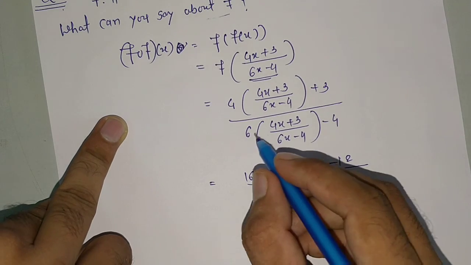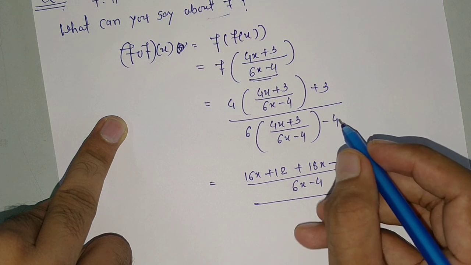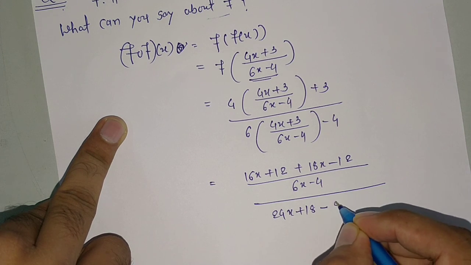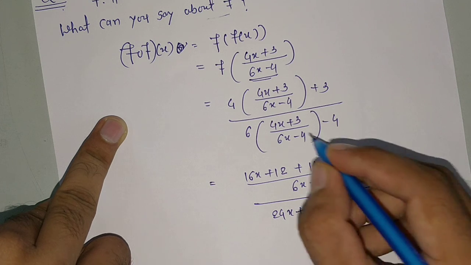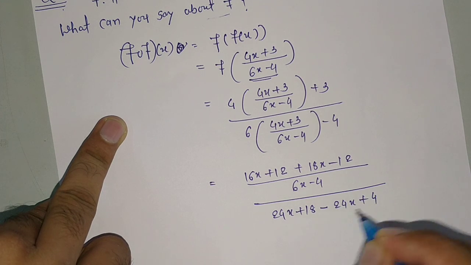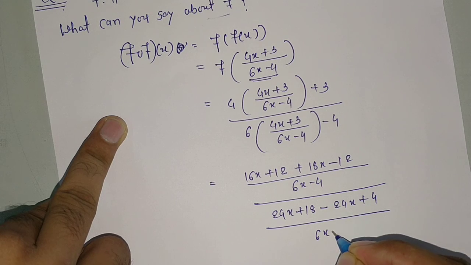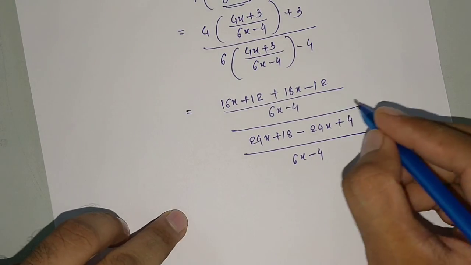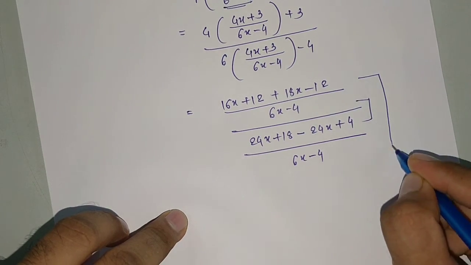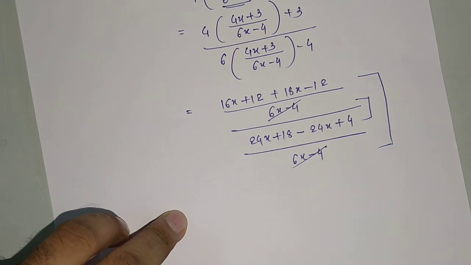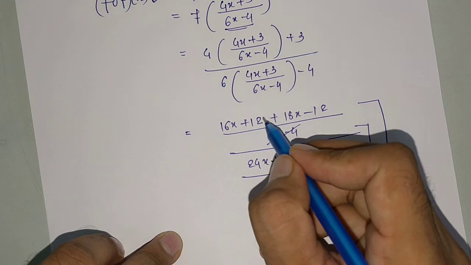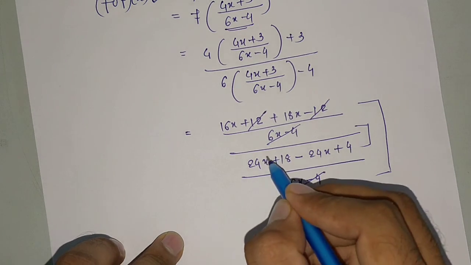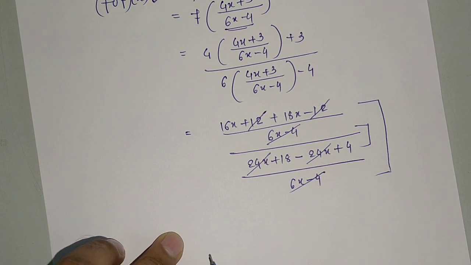Same for the denominator: 6 multiplied over here and the LCM multiplied over here, so we get 24x plus 18 minus 24x, this negative becomes positive, upon 6x minus 4. Now if you simplify them, these terms will cancel out. The negative 12 and positive 12 cancel out, and positive 24x and negative 24x cancel out.